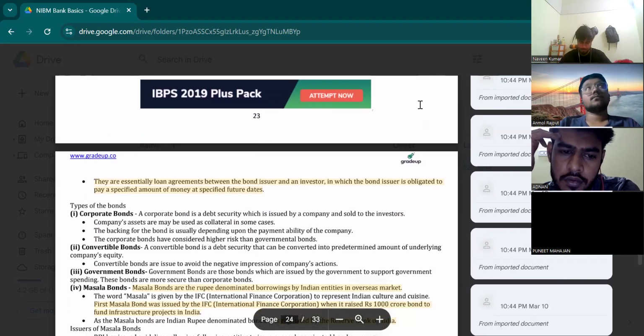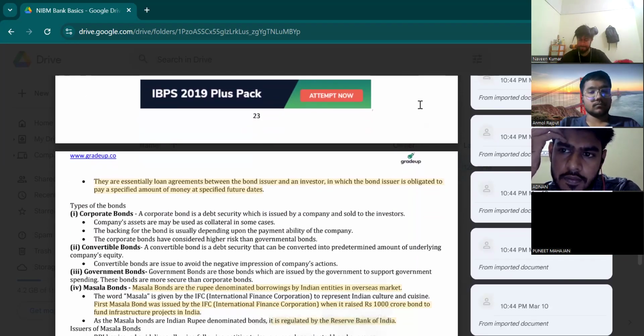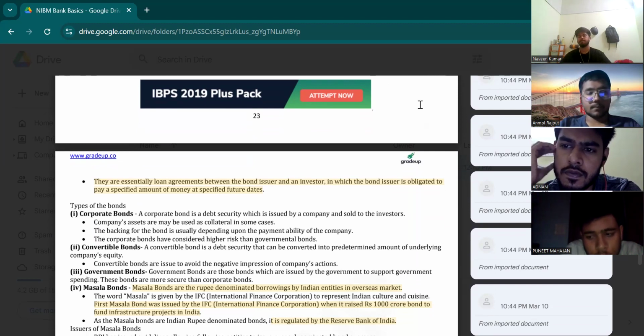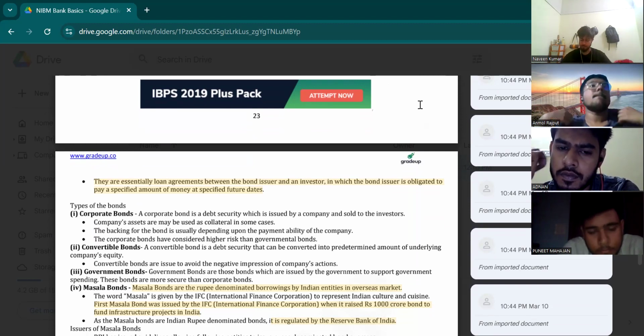Bonds are what? Suppose you must have heard in Shark Tank India, what happens? They ask for an exchange of equity for this many rupees, then I will give debt of this many rupees. So that debt can also take the form of a bond. I will give you 12 lakh rupees at a 12% interest rate.